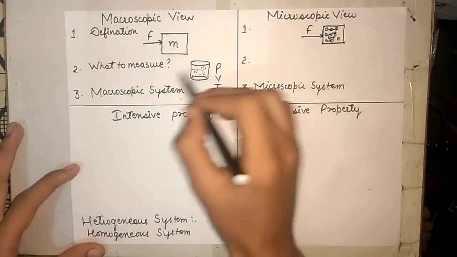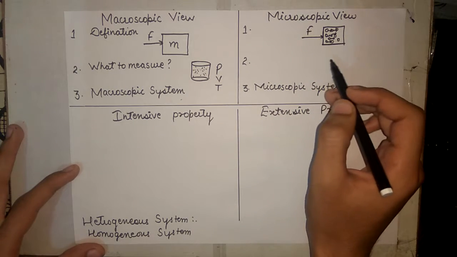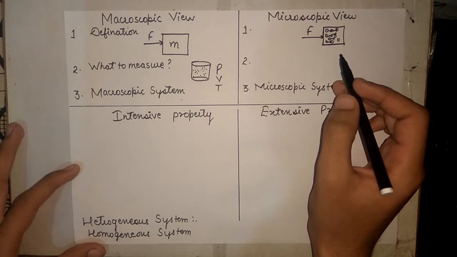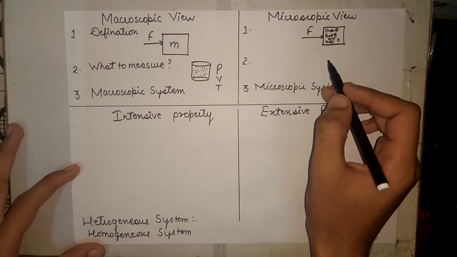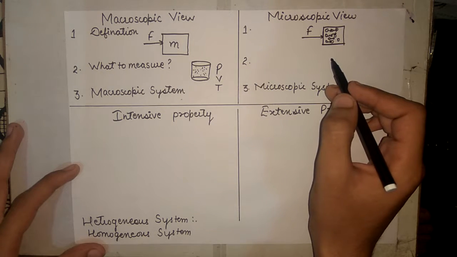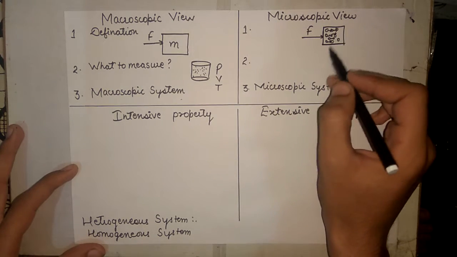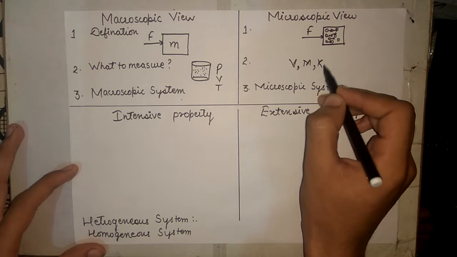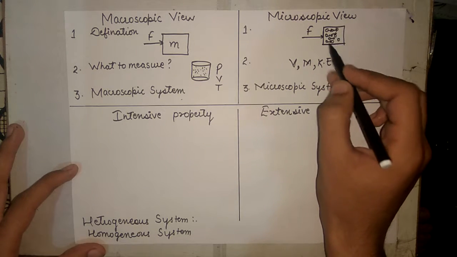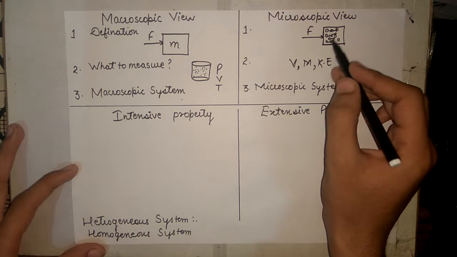And if we talk about how to measure this, it can't be perceived by human senses. Okay, because it is complicated to measure properties like velocity, momentum, and kinetic energy of each and every molecule in a system. So there will be lots of calculation in it.